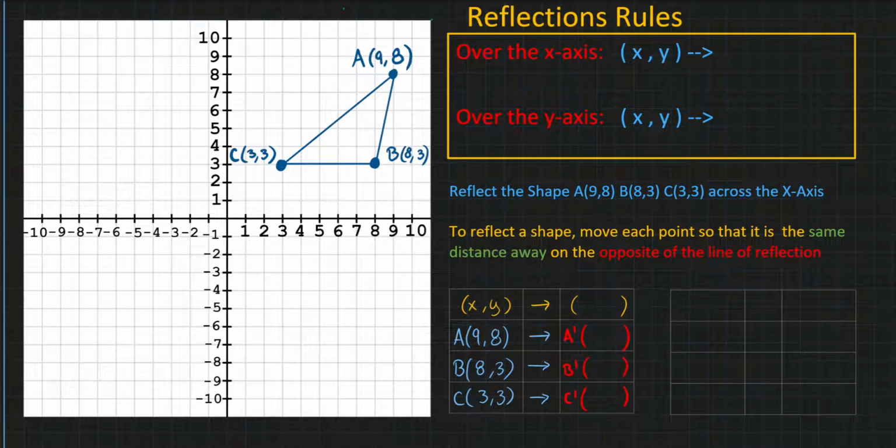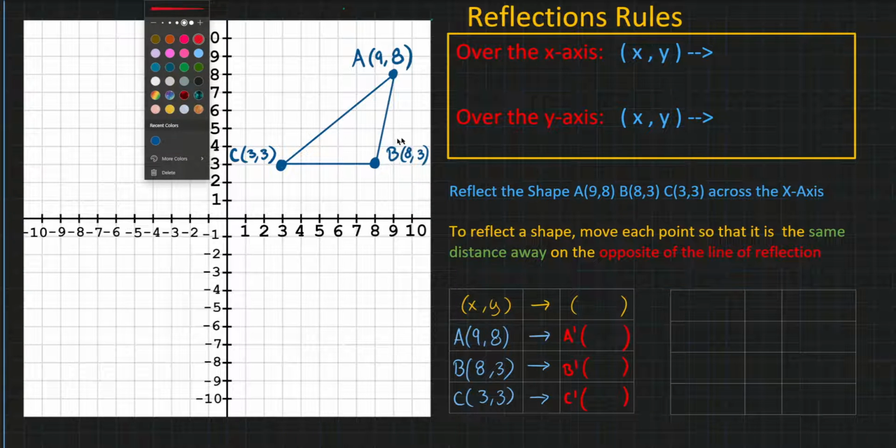Okay, reflecting a shape. It's actually a very simple procedure. To reflect a shape, we're going to reflect each point. Just like translating, we translate each point. To reflect each point simply means to place that point the same distance away from the line of reflection, from the x-axis, just on the other side. So for example, we've got B right here.